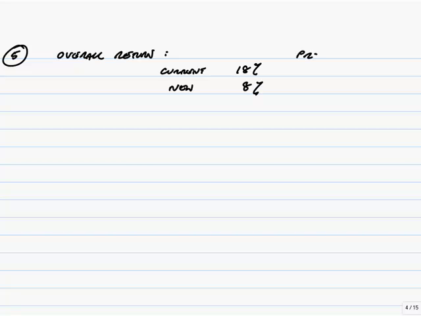And the proportions in each: the new one will be 20% of the portfolio, so the current investments will comprise 80% or 0.8. So surely the overall return will just be the weighted average. 0.8 times 18 is 14.4, 0.2 times 8 is 1.6, total 16%. So that'll be the overall return.